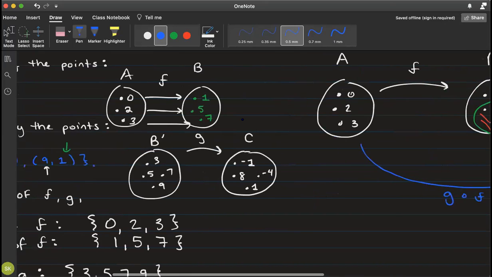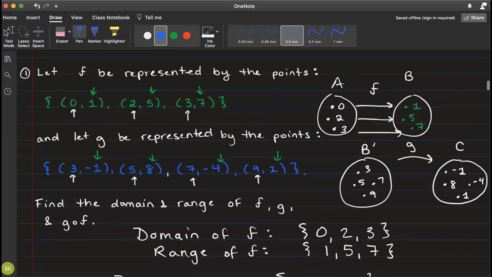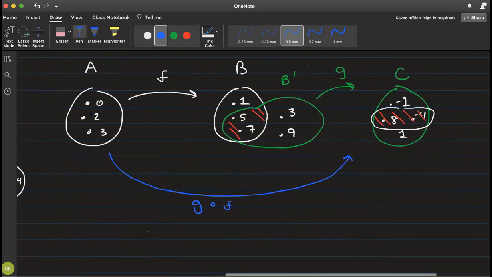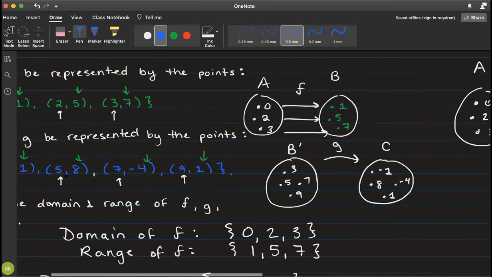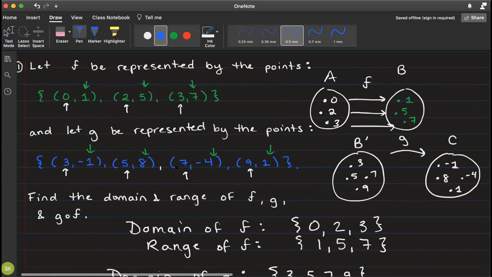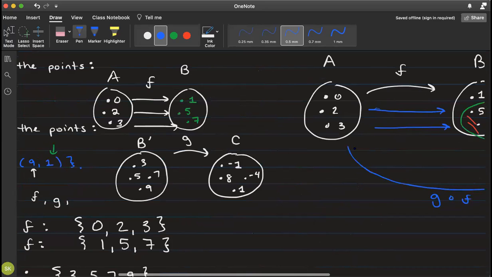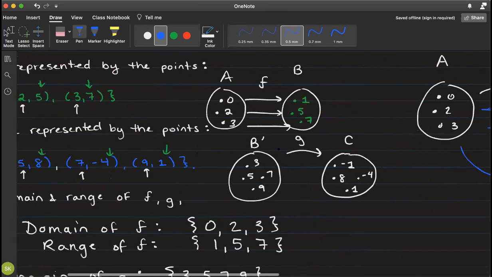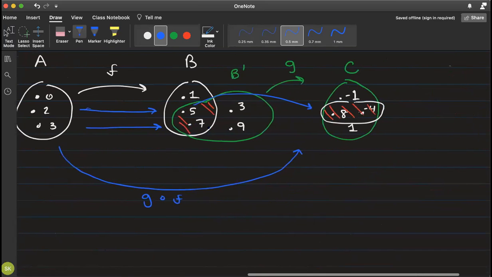Let's review. We had 2 being sent to 5 and 3 being sent to 7. And then 5 was sent to 8, and 7 was sent to -4.